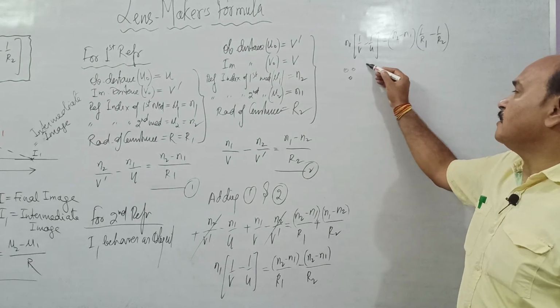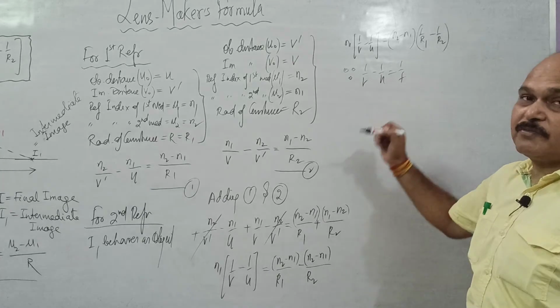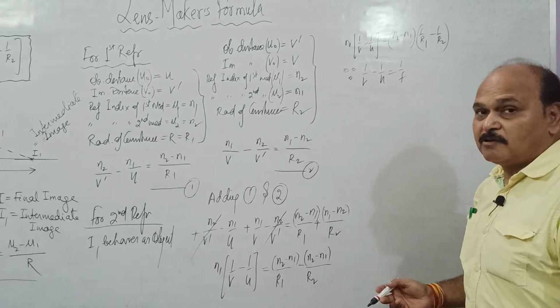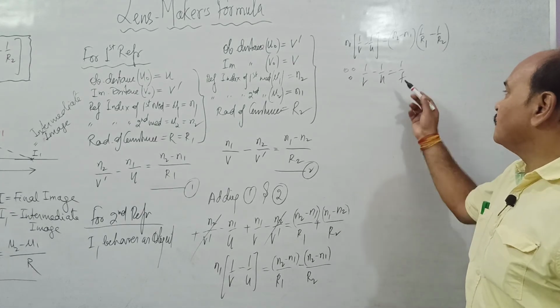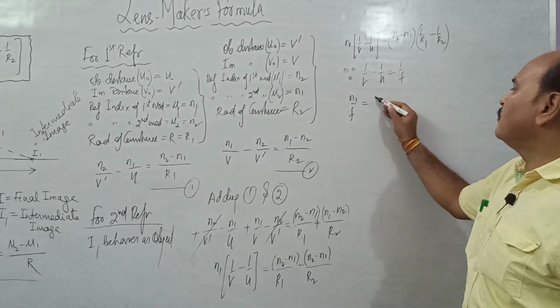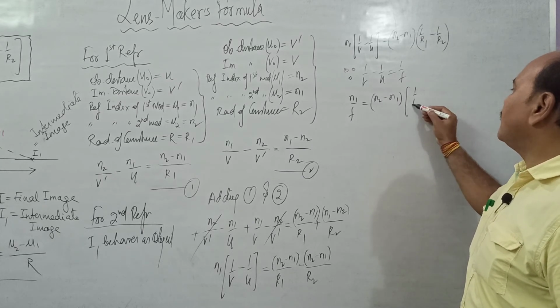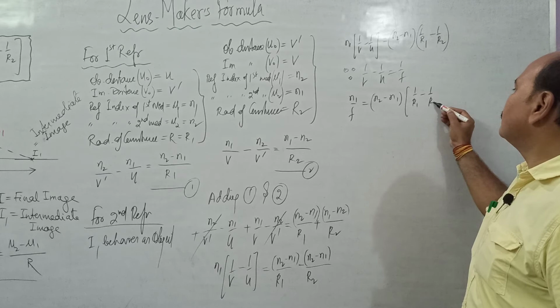We all know that 1 upon v minus 1 upon u is 1 upon the focal length of the lens. We have already studied all these things in detail. So if we substitute this value, we get n1 by f is equal to n2 minus n1 in bracket 1 upon R1 minus 1 upon R2.